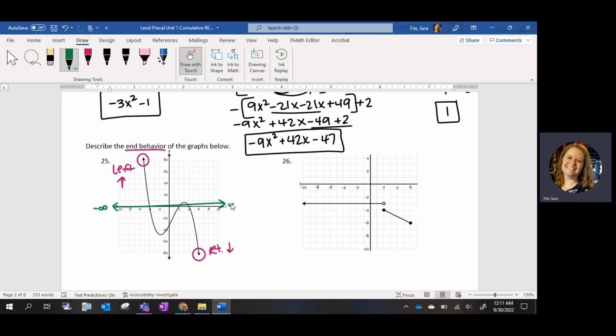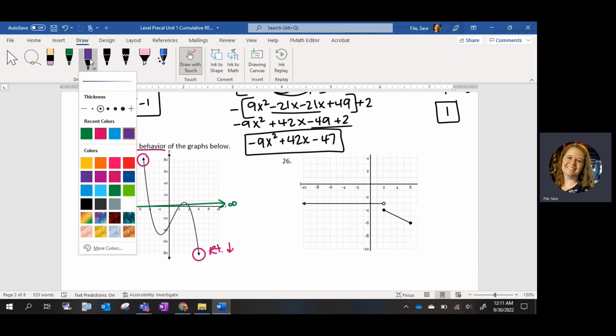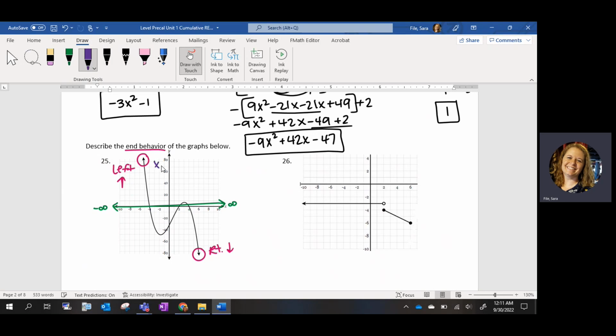And to the right is +infinity. So left-hand end behavior, we would say as x approaches -infinity, that little expression right there, that means left. And then to say that it's rising, the y value is going up, I say f of x approaches infinity, so positive. So as x goes to the left to -infinity, y, or f of x, is going up to +infinity. That means the left side is going up.